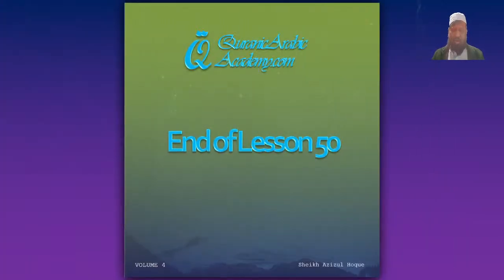So this is the end of lesson 50. We did look at شبه الجملة made of ظرف. In جملة فعلية it comes in the place of مفعول فيه. But the شبه الجملة made from jar and majrur, we'll look at in the next lesson.